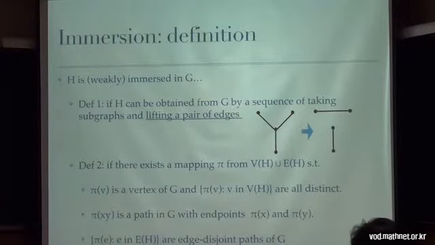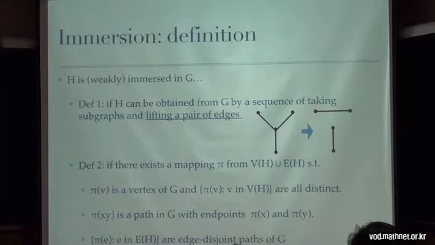And immersion is related to tree-cut width in the way that minor is related to tree width. So what is immersion? We say that H is immersed in G, or H is an immersion in G, if H can be obtained from G by a sequence of vertex deletion, edge deletion, or lifting a pair of edges.